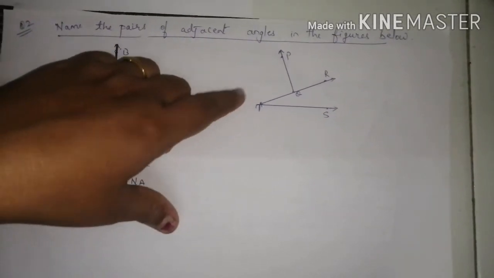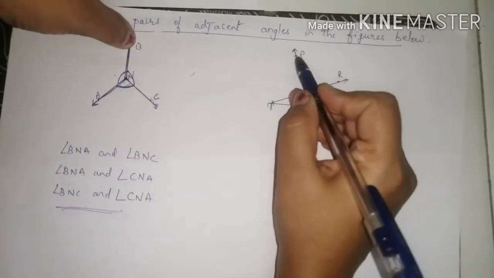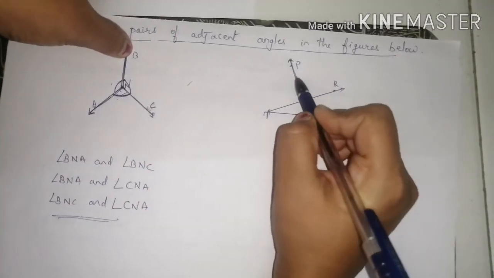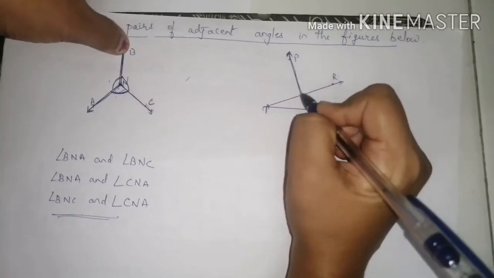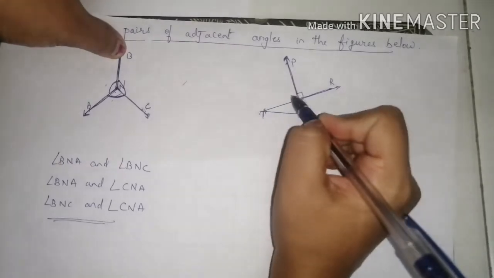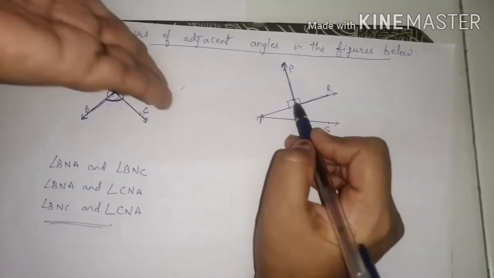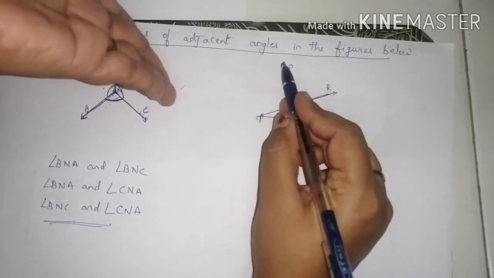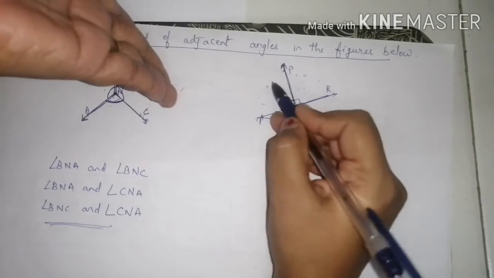Now in figure number 2. See this. This is the common arm, common vertex. If we consider these two angles, PQR and PQT, we are getting this as common arm, common vertex, and their interiors are separate.